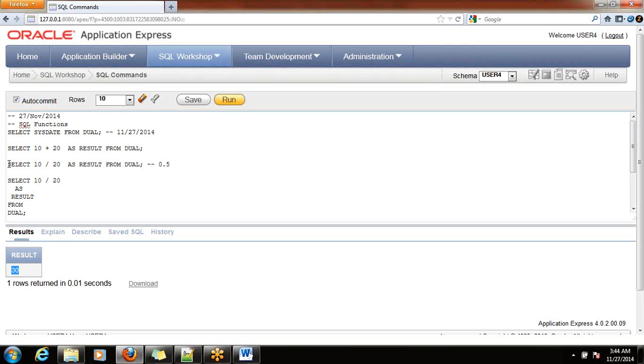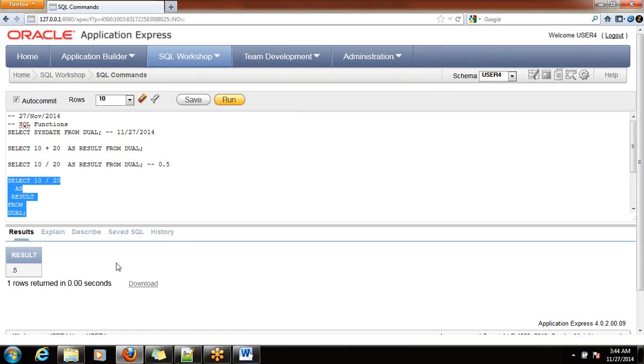Likewise, 10 divided by 20. Look there, the result is 0.5. This entire statement can be written in multiple lines also, and still it gives the correct answer.